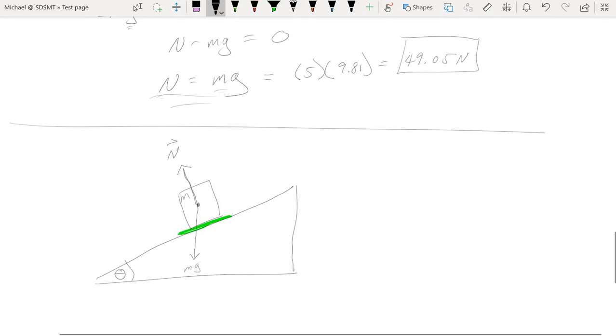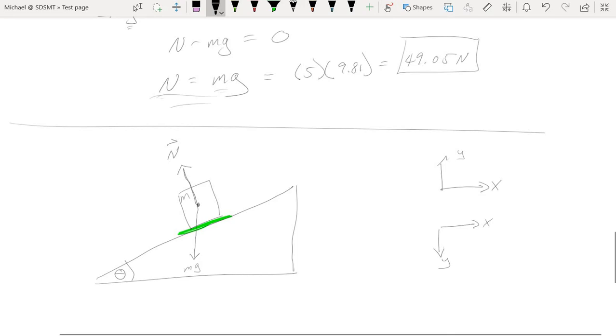So what we should do is figure out, first of all, how do we want to set up a reference frame so that we can break up any of our vectors into x and y directions. Now again, there are plenty of choices as to how you want to choose your reference frame.